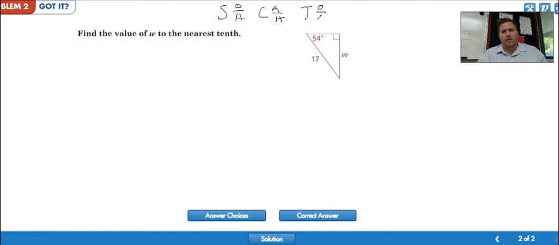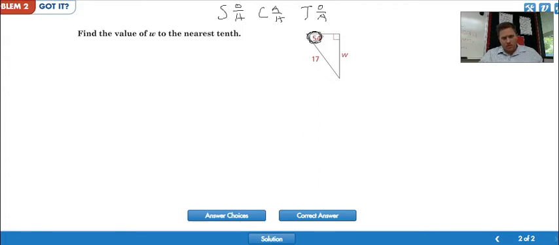We can use our trig functions in order to find what that other side is going to be. We're always going to start with this angle. So we have this angle right here, and we have 2 sides.